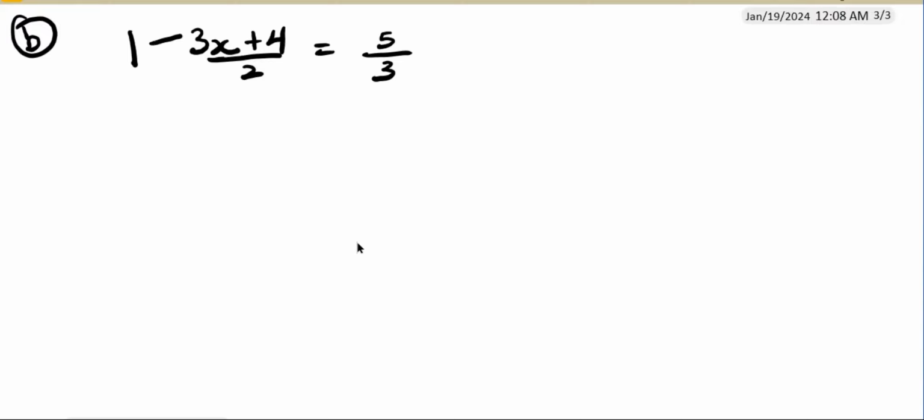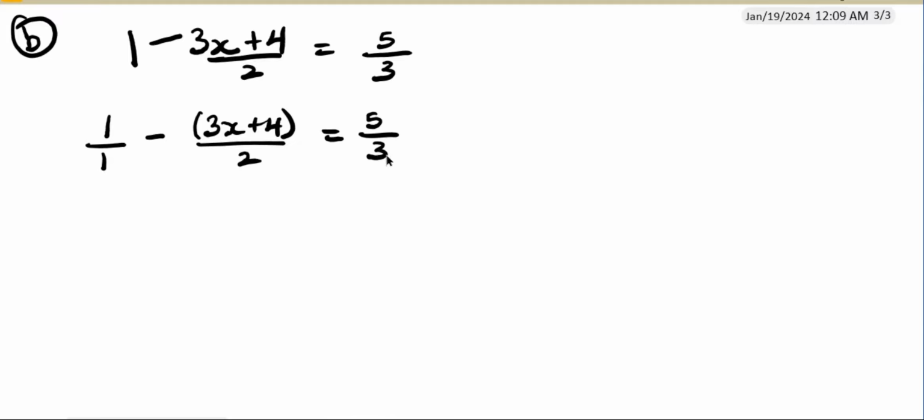Okay, like I always say, when an expression like this is not in bracket, please do well to put it in bracket. So that will give us 1 over 1, I'm making that a fraction, minus 3x plus 4 over 2 equals 5 over 3.